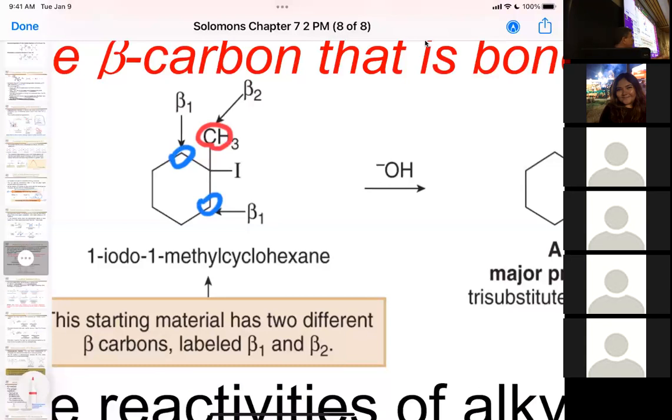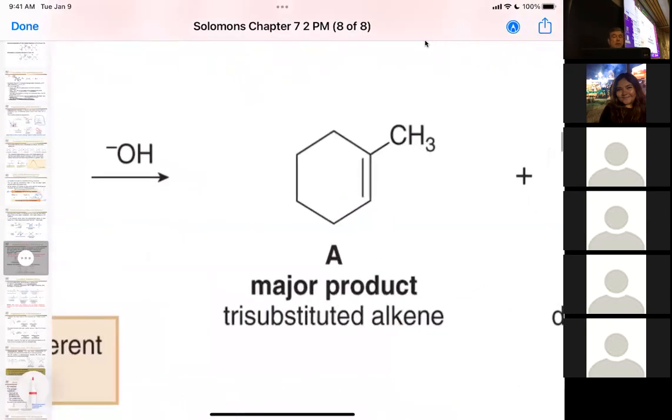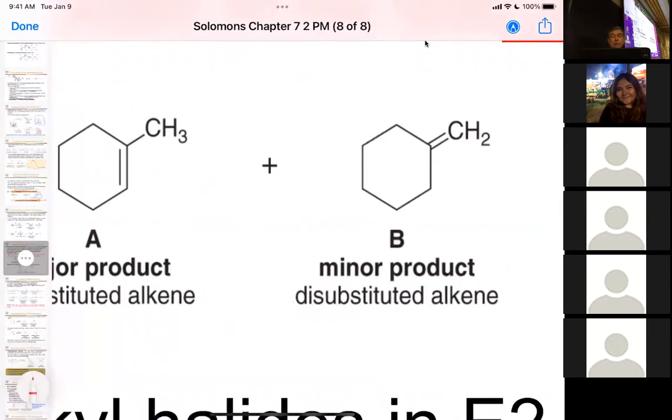The secondary beta hydrogen, because that's going to give you the more substituted product. So the product it'll give us is this alkene right here, but there'll be a little bit of that other beta hydrogen that'll give us the minor product. And notice the minor product is disubstituted, but this one's trisubstituted, making it more stable.